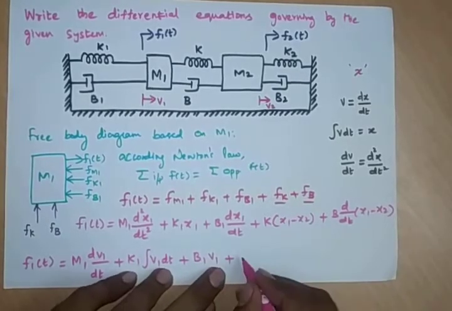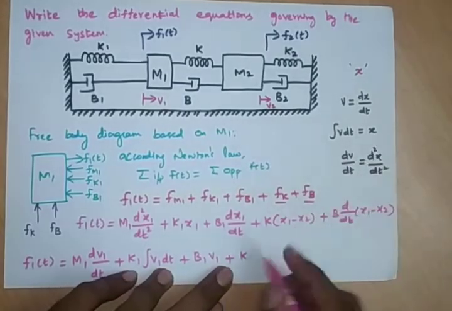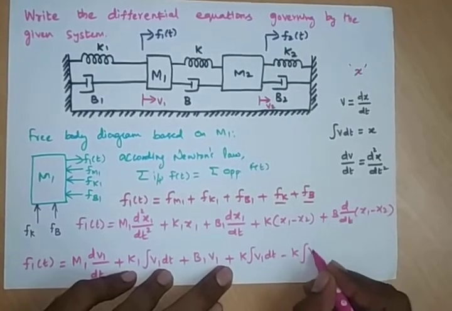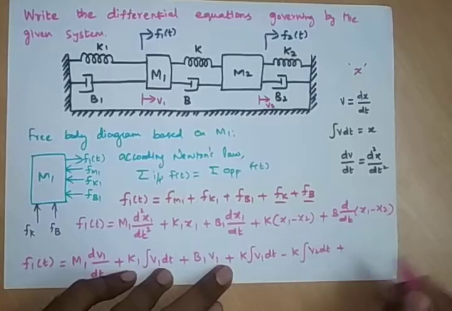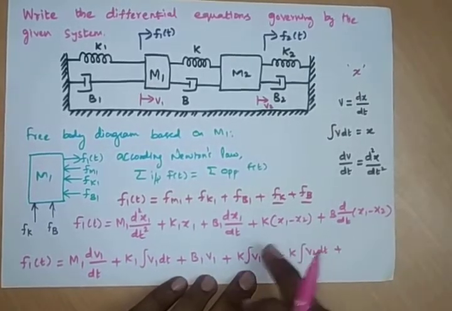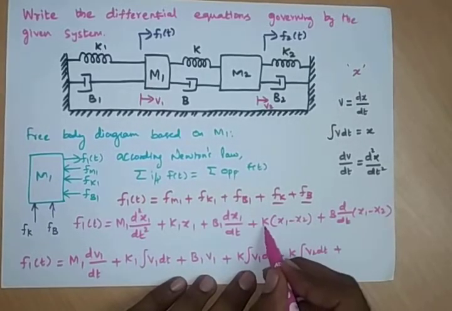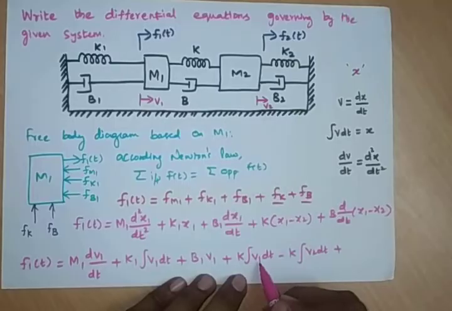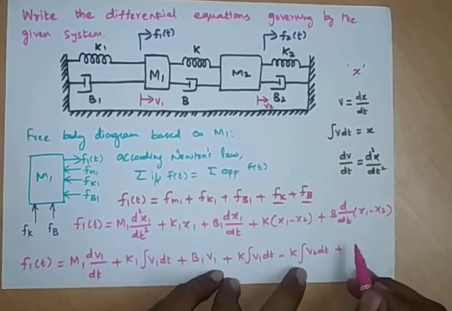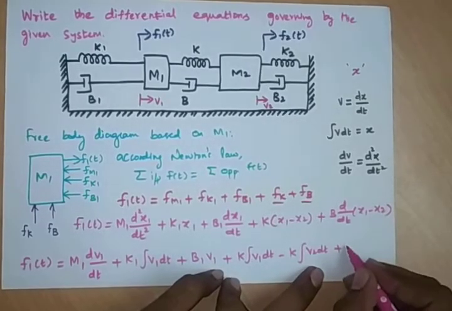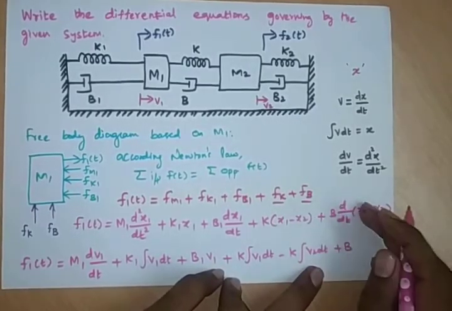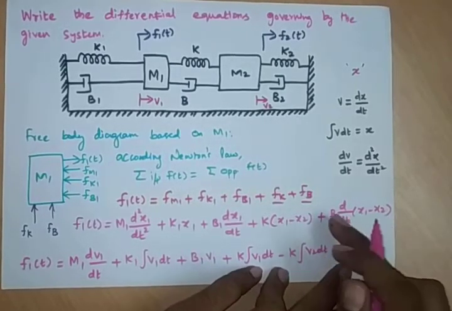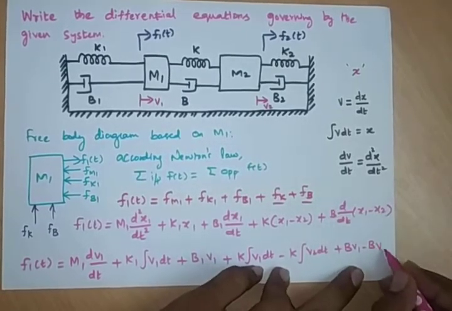So k into, instead of x you can use integral of v1 dt minus k into integral of v2 dt. I'm just multiplying this k with x1 and x2, so the resultant will be k integral of v1 dt minus k integral of v2 dt plus b into dx1 by dt will be v1 and also minus b into dx2 by dt will be v2.